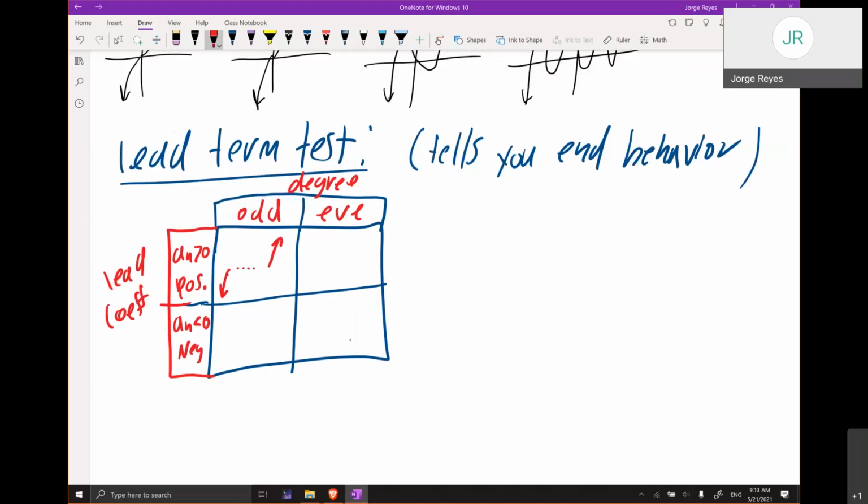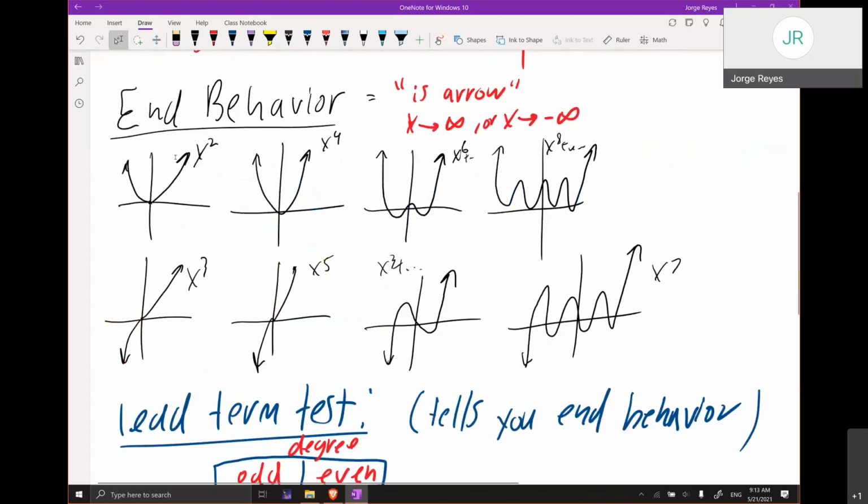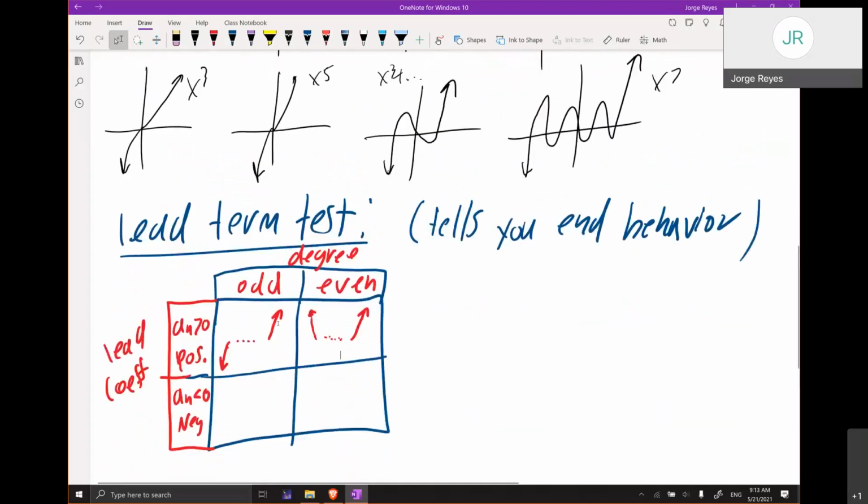But if your leading term is positive but your degree is even, then you're going to start up and you're going to go back up. That's kind of what I showed you here, right? The arrows here both always pointed up, and the arrows here started down and then went up.